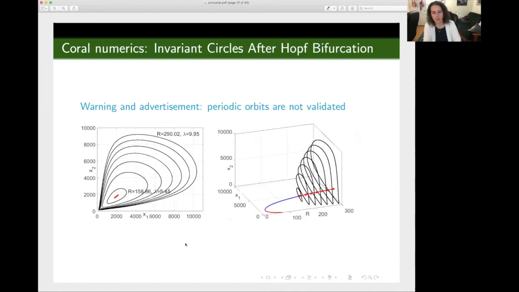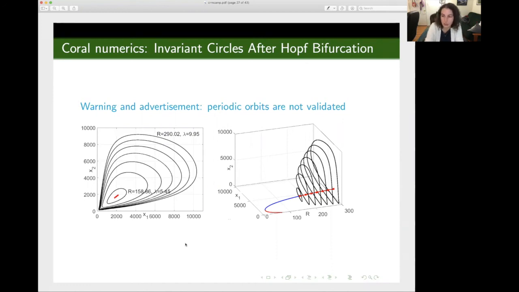I put in an advertisement, because if we follow the invariant circles that occur at the Neymark-Sacker bifurcation, we get some interesting behavior. This is not validated, but I think it's a very interesting idea to try to validate in the case of quasi-periodic orbits.